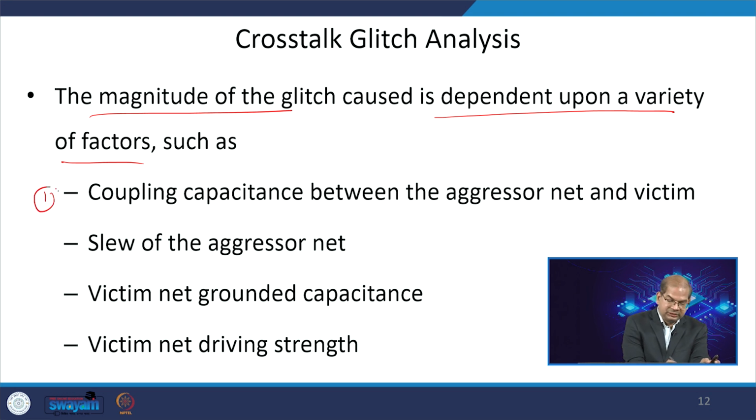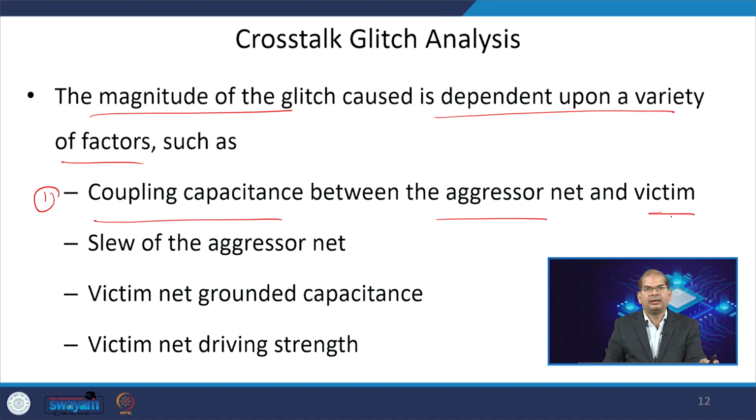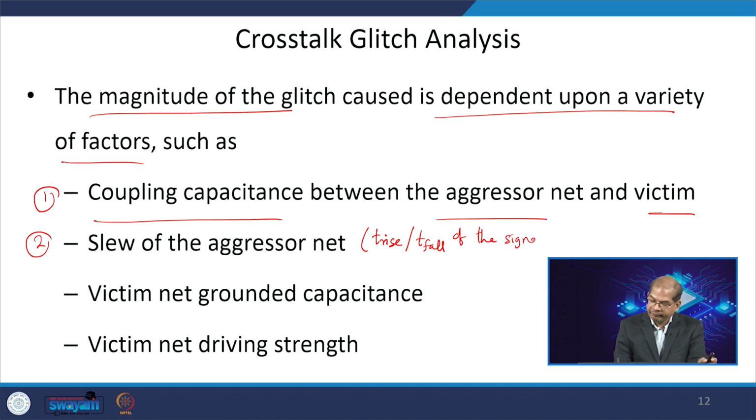The first one is obviously the coupling capacitance between the aggressor net and the victim net. The second one is the rise time, T rise, or T fall of the signal in the aggressor net.